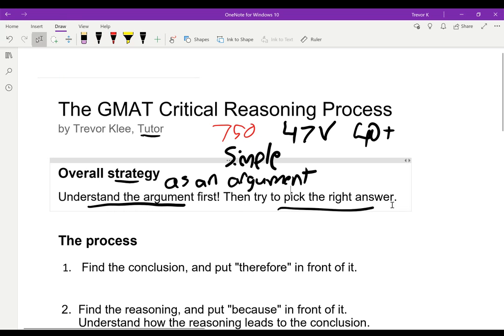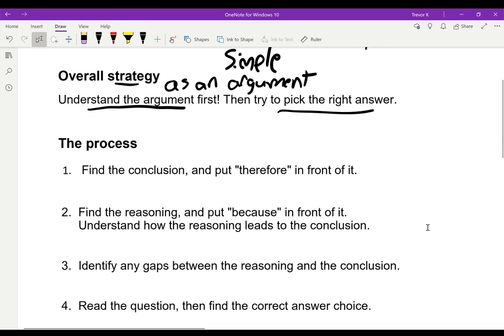So, if my overall strategy is understanding the argument and then picking the right answer, how do I understand the argument? Well, let's scroll down here. So, first step, find the conclusion and put therefore in front of it. So, the conclusion is going to be like an opinion or a prediction. I think that, I predict that this will probably happen.